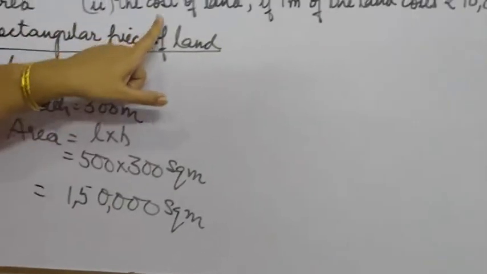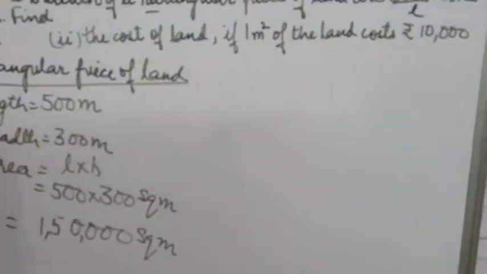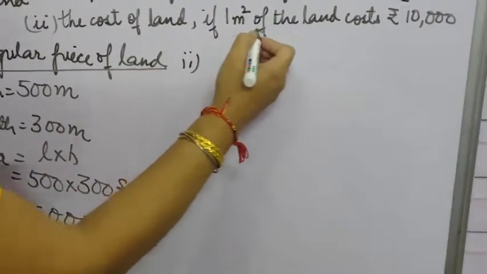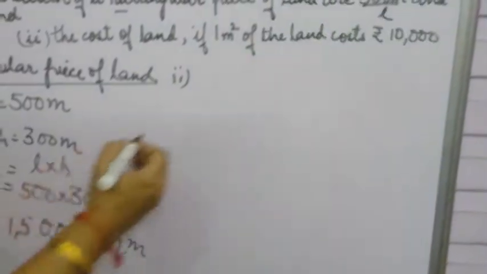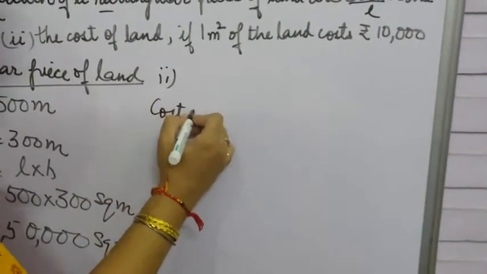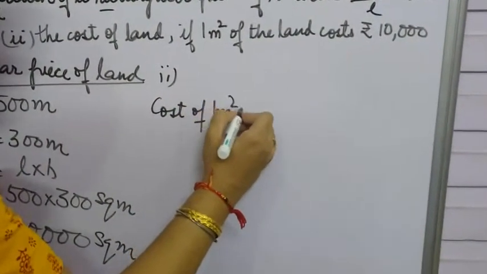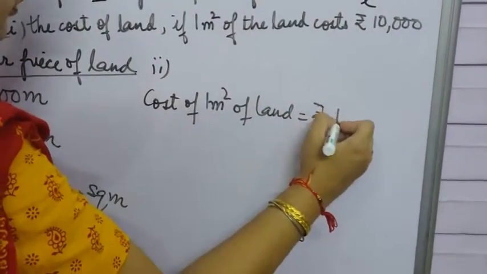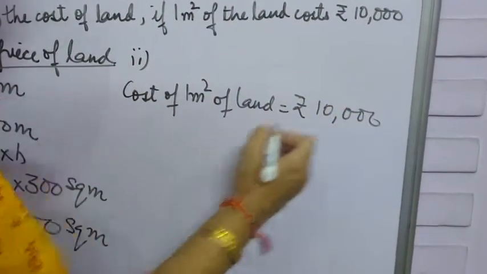And now the second part of the question is we are to find the cost of land. If 1 square meter of land costs rupees 10,000, so cost of 1 square meter of land is equal to rupees 10,000.